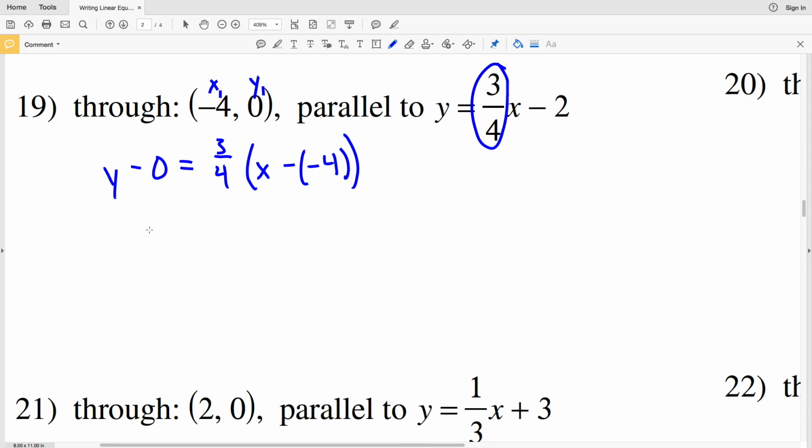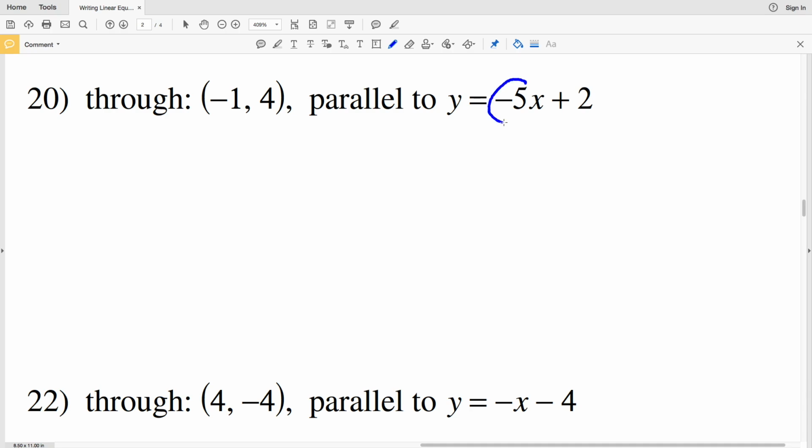Simplifying, y minus 0 is simply y, and that's equal to 3/4 times x minus the negative, plus the positive. So y equals 3/4 times x plus 4.